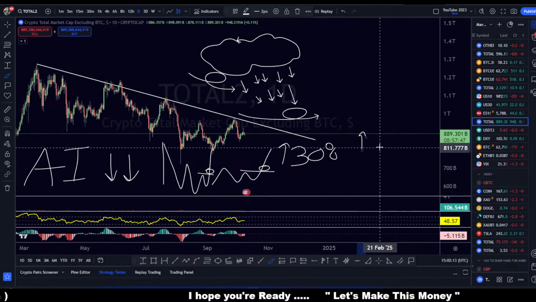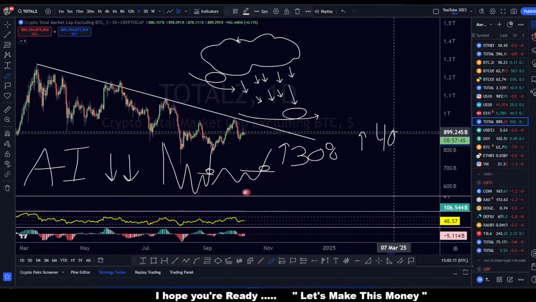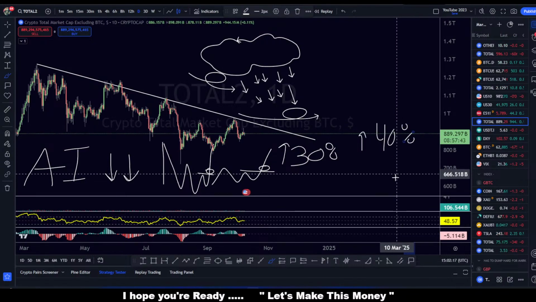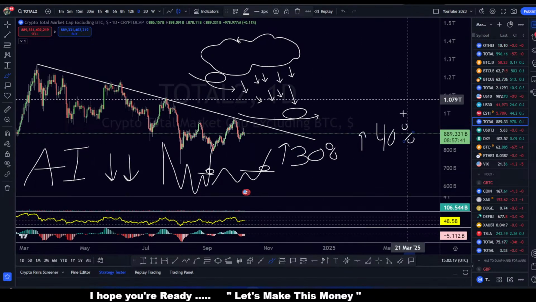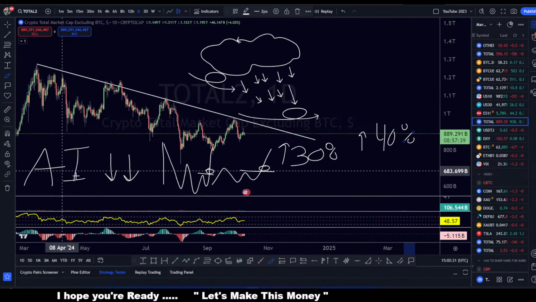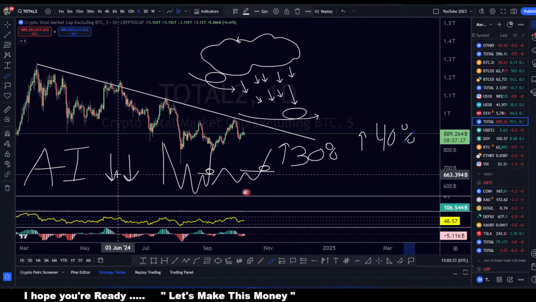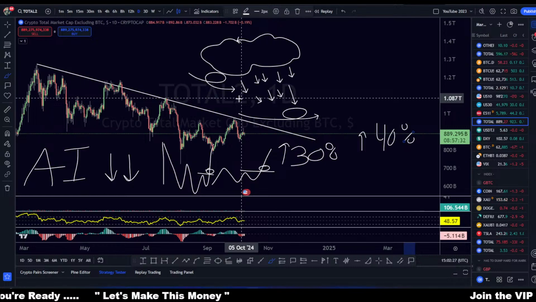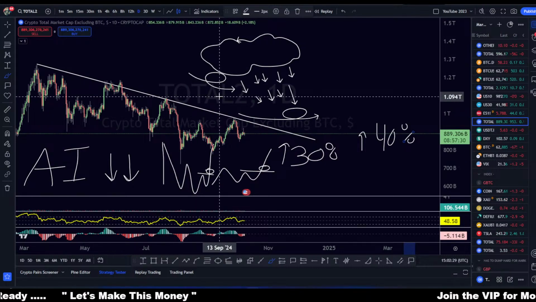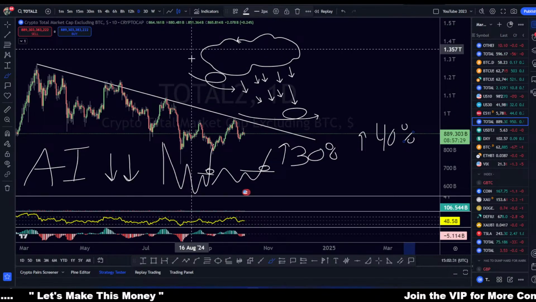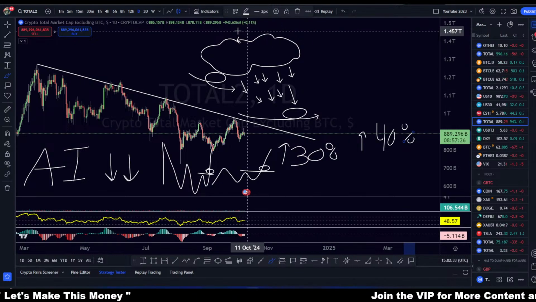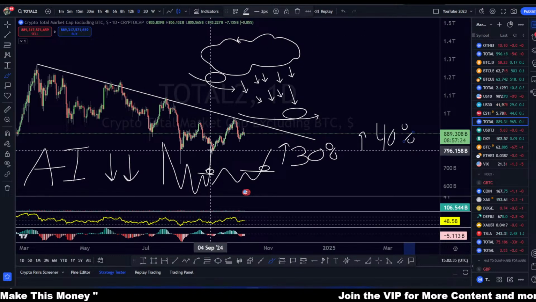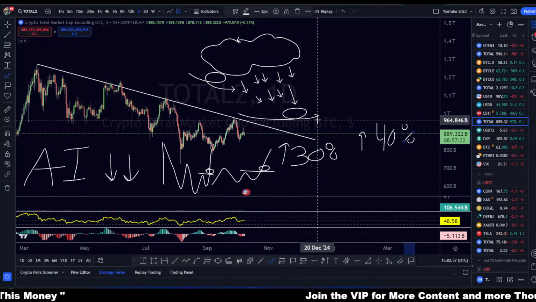And because they get into it, now the coin is at 40% gains, and so on and so on, even though the entire market is down. So in my personal opinion, I do not look at Total 2, Total 3, Total, because I don't want to know what the weather is for the entire state that I live in. I want to know my town. Do I need an umbrella?